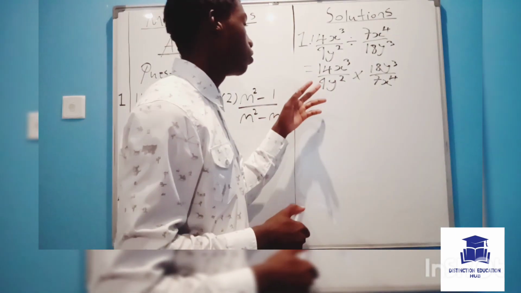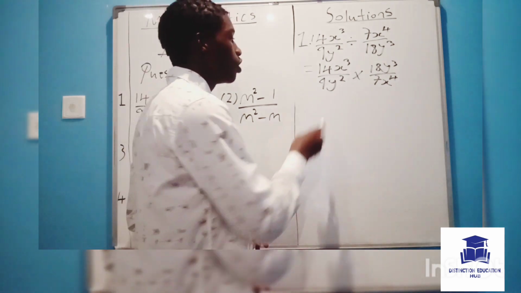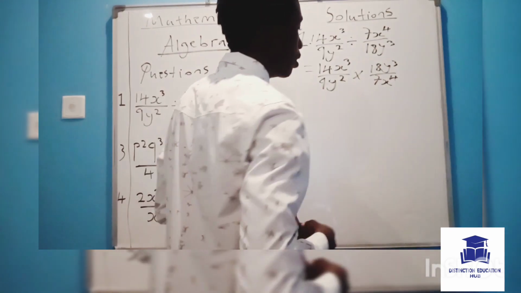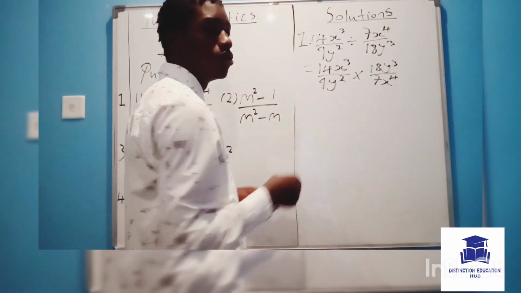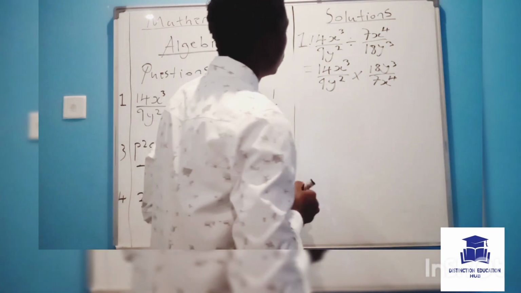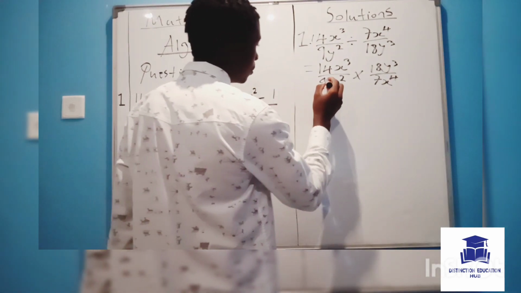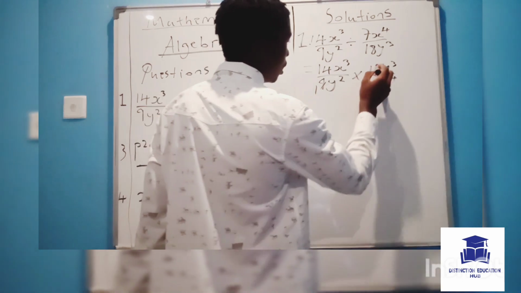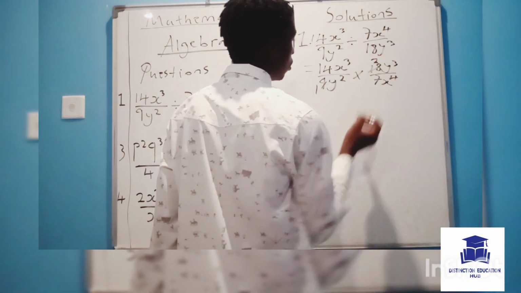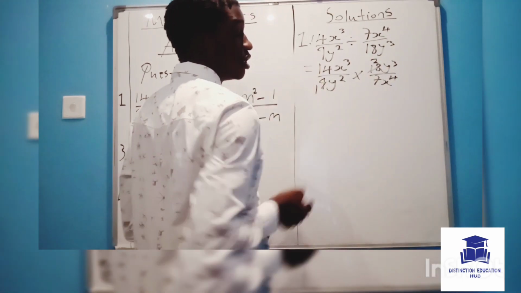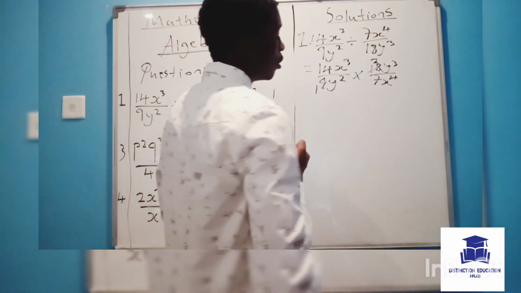So you look at your expression. You have a 9 here and you have an 18 here. You know that 9 can go into 18. So you simply do 9 into 9, 1. 9 into 18, 2. And you have a 7 here and a 14 there. You know that 7 can go into 14.